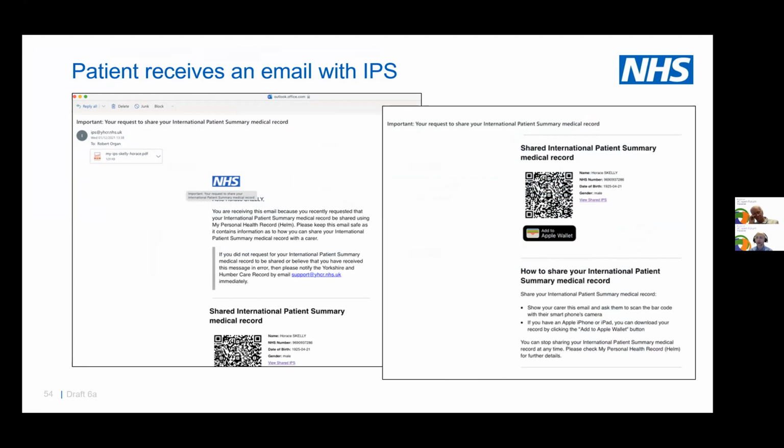There are other operating systems available to be able to hold the QR code and the record. But the key bit is that's in the patient's control, and there's two aspects here that I'll touch on. One around the actual patient sharing the information. The other one is being able to give the carer the ability to share the information. So next slide, please.